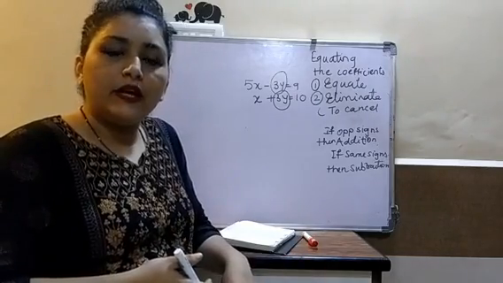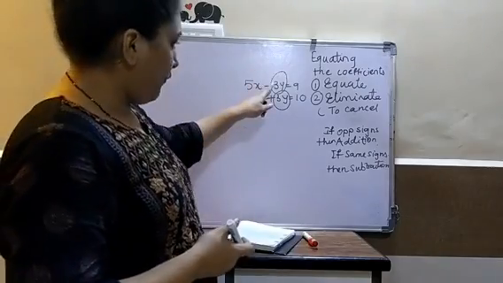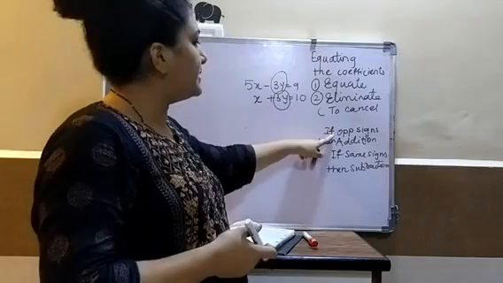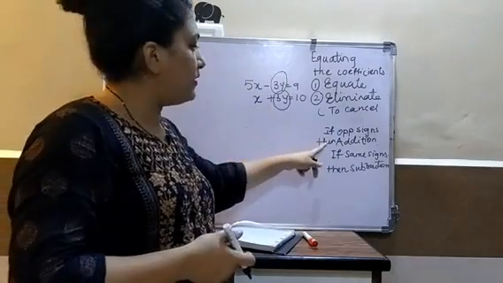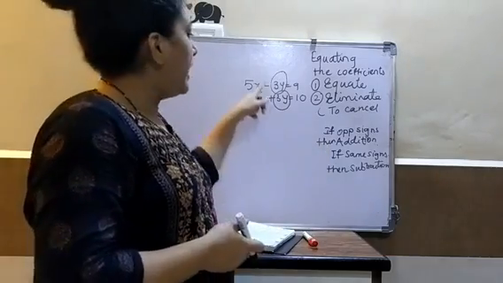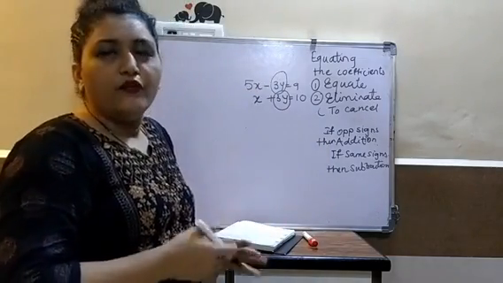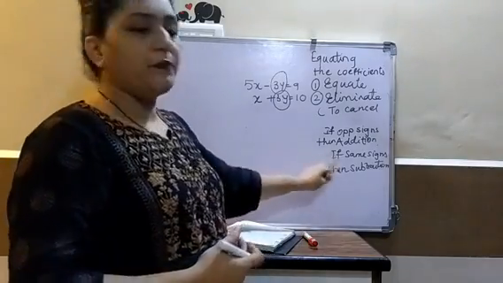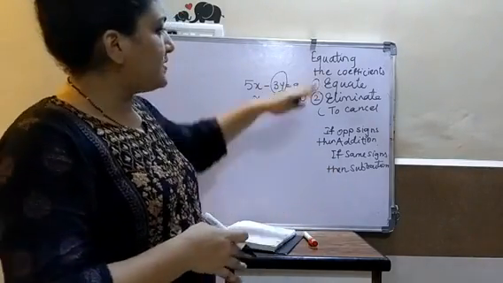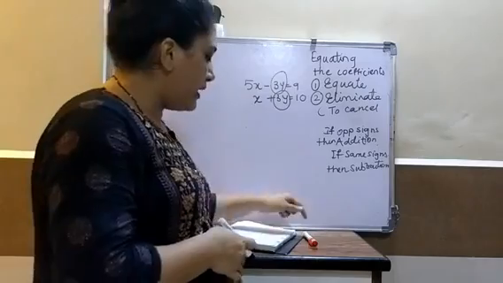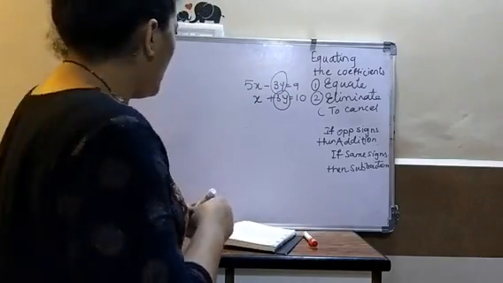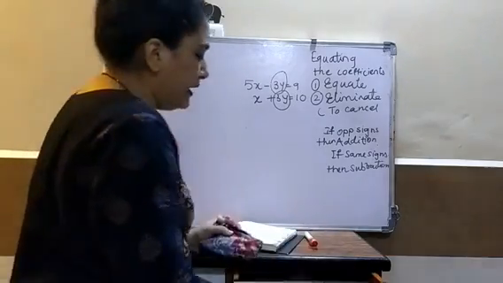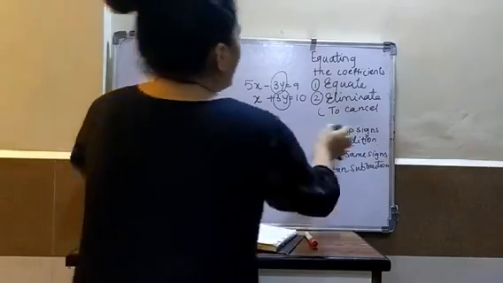To cancel, if the two coefficients which are the same have opposite signs like this, then we will add them. And if they have the same sign, for example minus 3y, then we will subtract them. So these simple steps you have to remember, and you will easily be able to solve your very first practice set 1.1. In that you have question number 2.